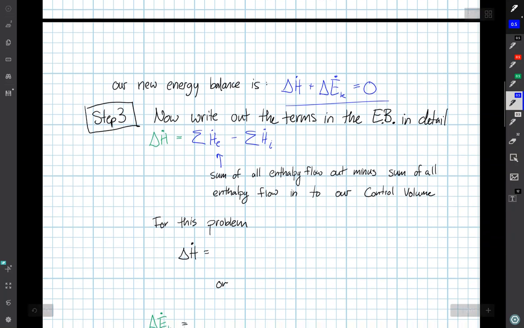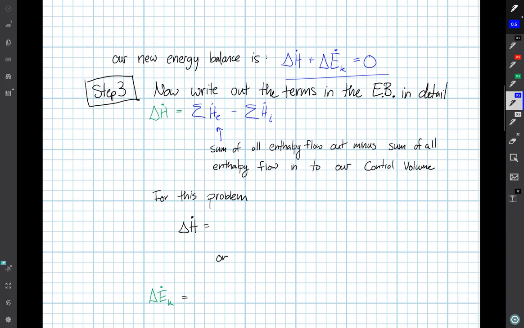For this specific problem, the enthalpy that's coming out is the enthalpy of stream 2, and the enthalpy going in is the enthalpy of stream 1. Okay, those are flowing, so we'll put the little dots on them. And we can write that.